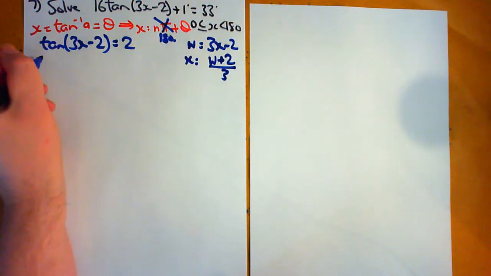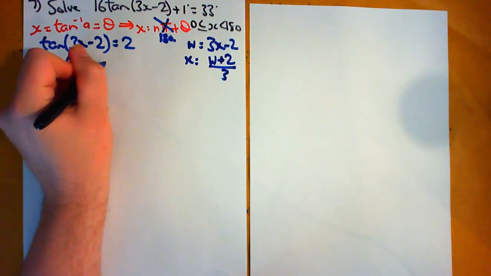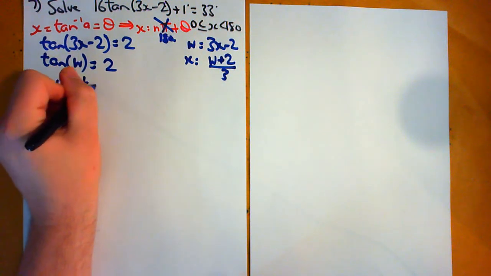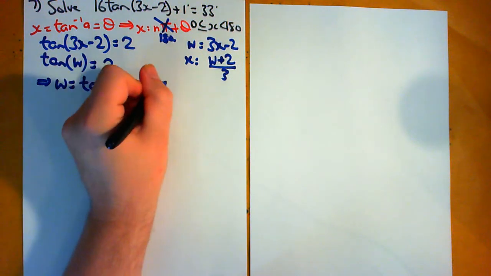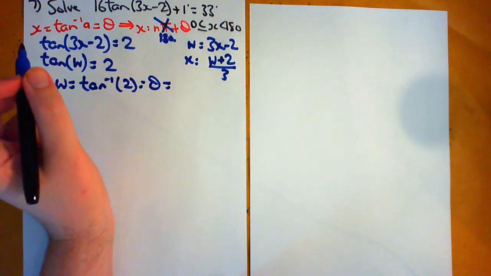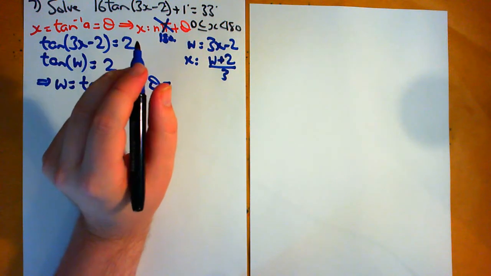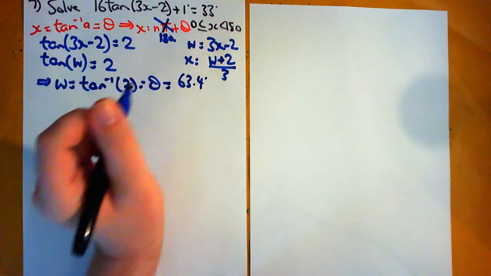Okay, so that equation now becomes, with that bracket being W, tan W = 2, so W is therefore inverse tangent of 2, which is your theta, which is, if we calculate that, what do we end up with there? We get 63.4 degrees.